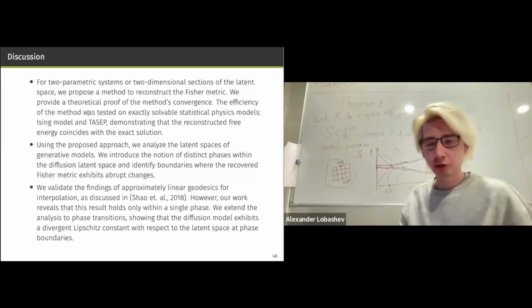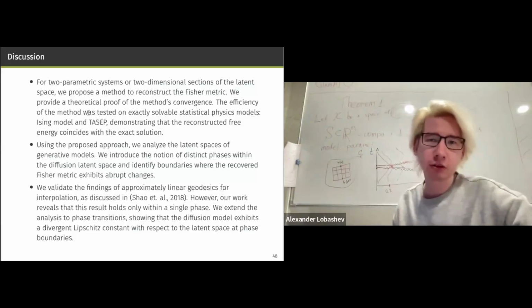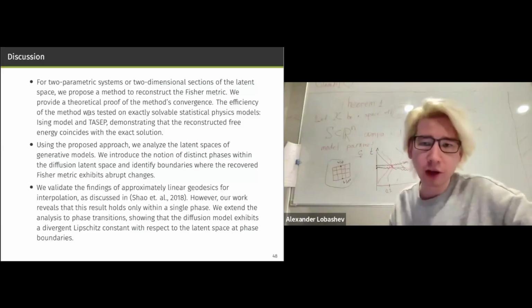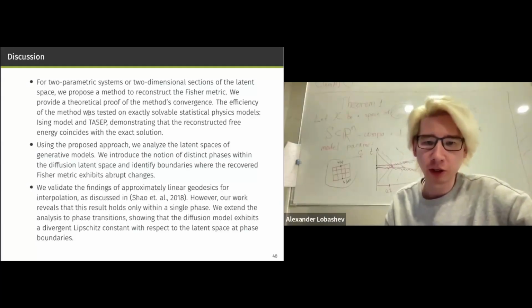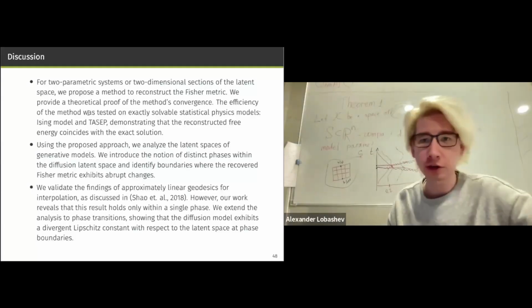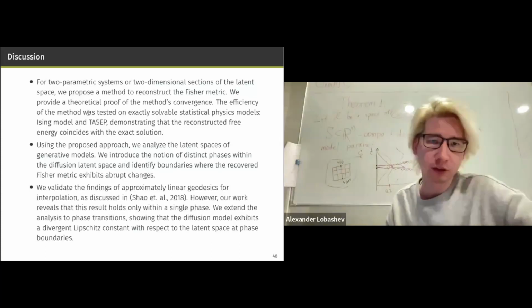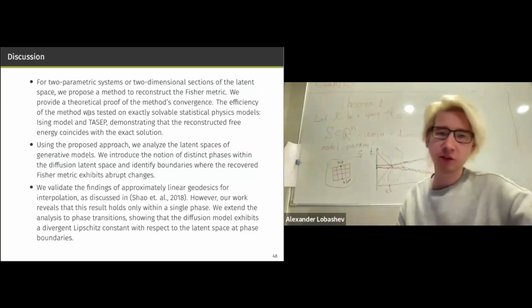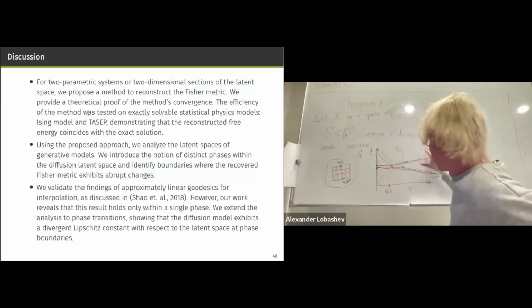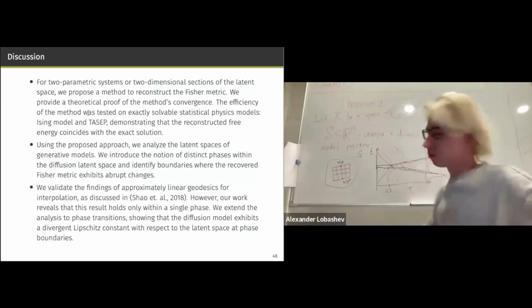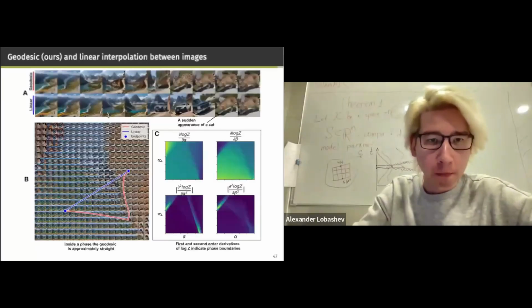And this is the reason why this phase transition occurs in diffusion models, but is not so visible in previous generations of generative models, like GANs or variational autoencoders, because they cover only a single phase, and there is no such divergence of trajectories during sampling.